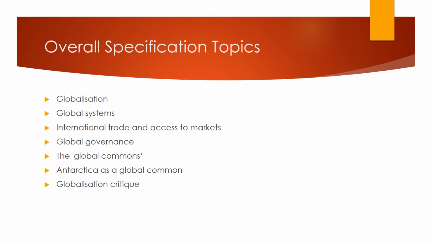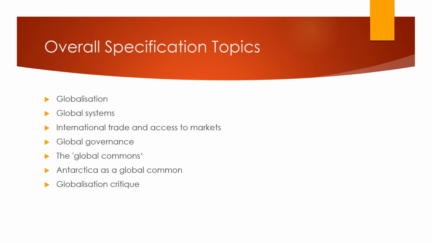So the overall specification topics, then a quick reminder, start off with globalization, which we've completed, then move on to global systems, and then it goes on to international trade and access to markets, global governance, the global commons, Antarctica as a global common, and then finally the globalization critique.